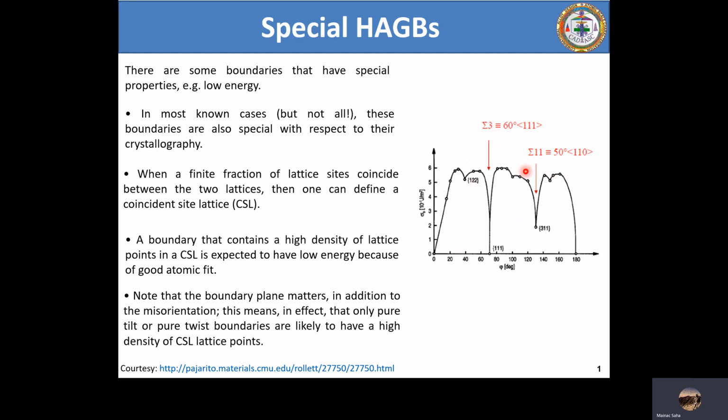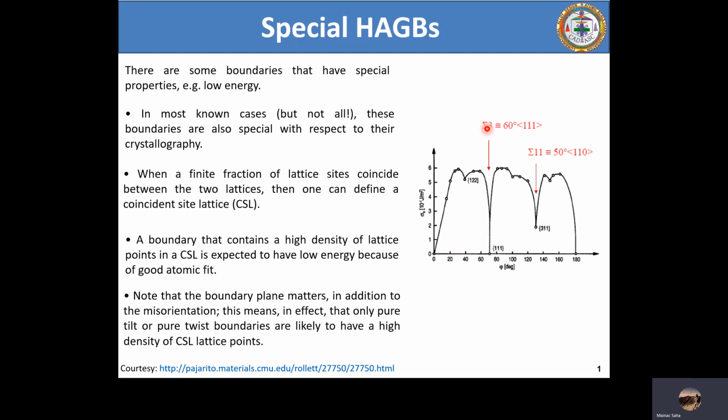The second thing to take from this slide is that if you're looking at sigma 3 and sigma 11, because sigma is nothing but the inverse of the population of the coincident lattice points. Of course, for your level I don't feel the need to cover that aspect to a large extent, otherwise it will lead to complex grain boundary plane crystallography.